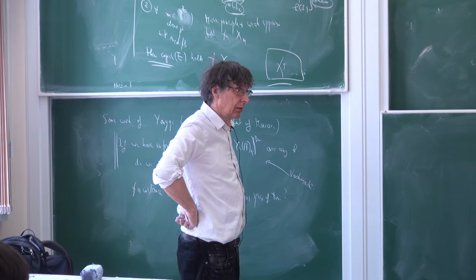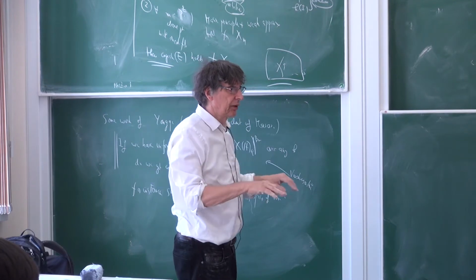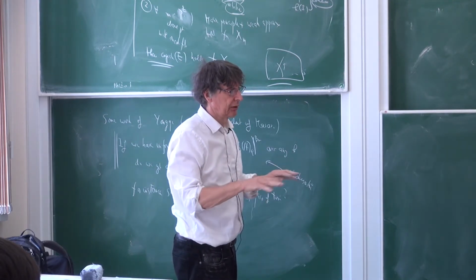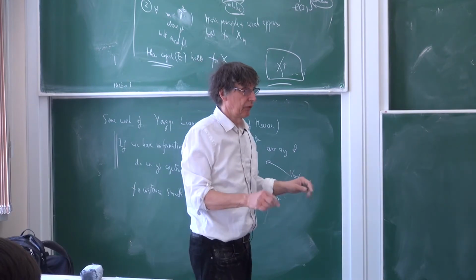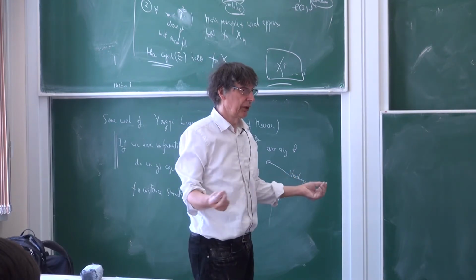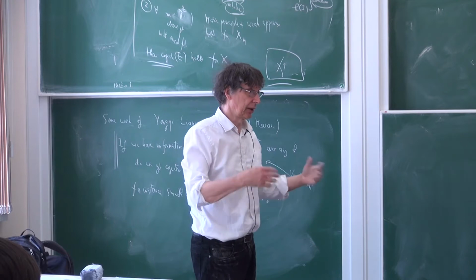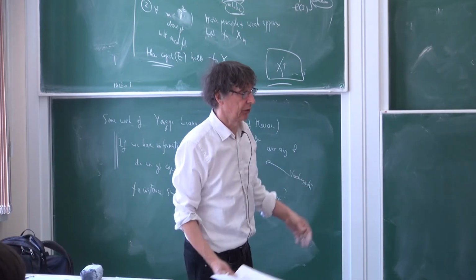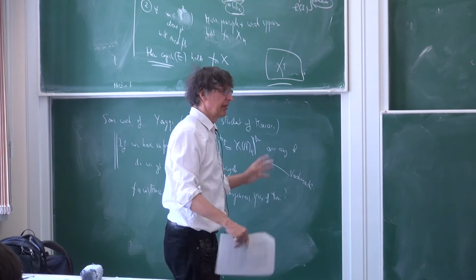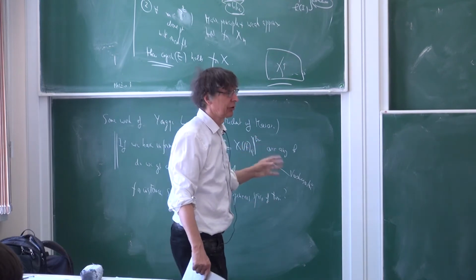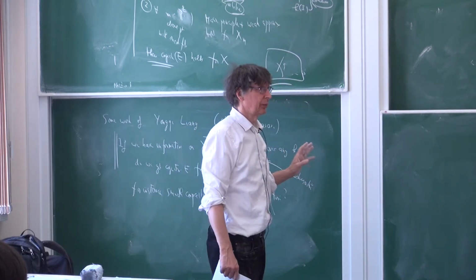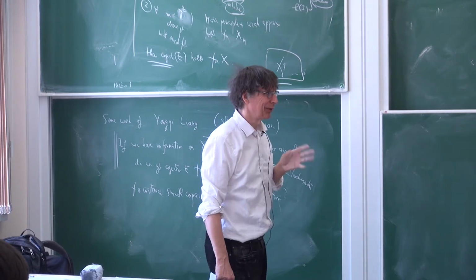I mean, if you can do it locally, you can patch. It's not a question. From this, over the Dedekind ring, you can always patch as you want. So it's a purely local question. Okay, I'm pretty sure you can patch. Sometimes people pronounce the word stack at that point.